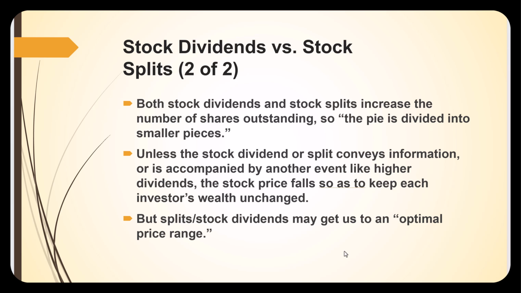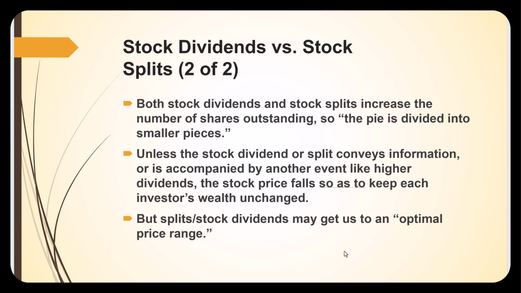Well, if you think about what happens, all the company has done is take the equity pie, if you will, and divided it into smaller pieces. So if you have an apple pie and you cut it exactly in half, and you owned half of that pie and I owned the other half, what would happen if I cut my half in half?